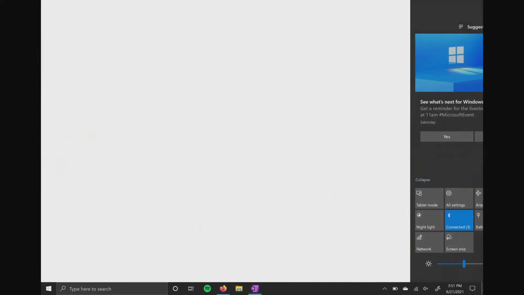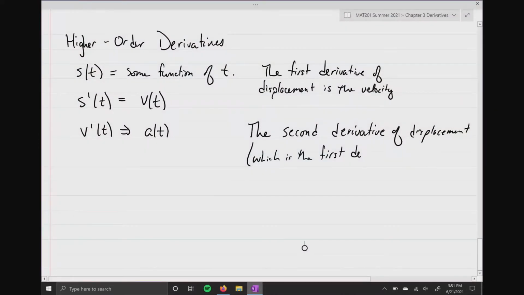Now I have to click on this and come back up because I don't know how to fix it. If any of you know how to fix that so it doesn't pop up anymore, I would love an email. So the second derivative of displacement, which is the first derivative of velocity, is the acceleration.